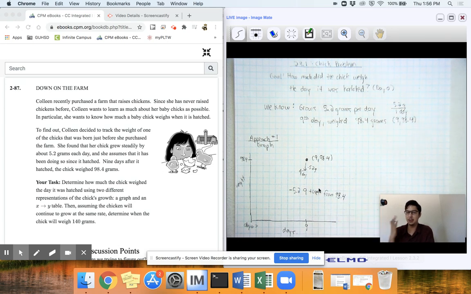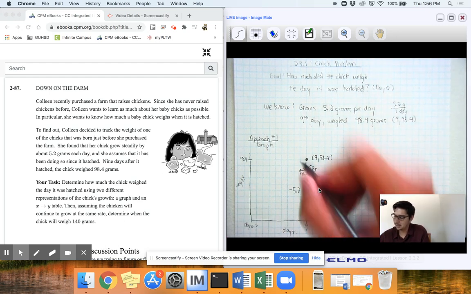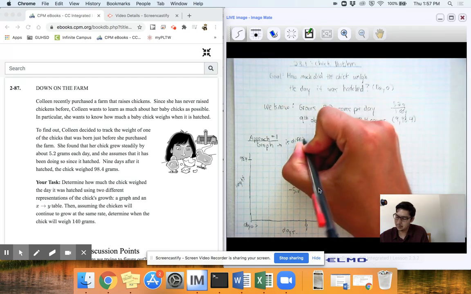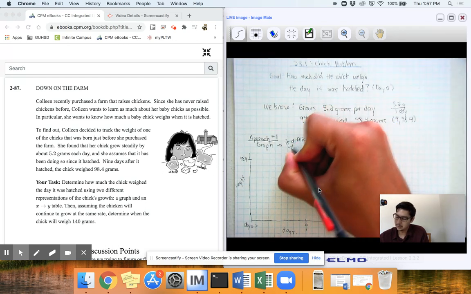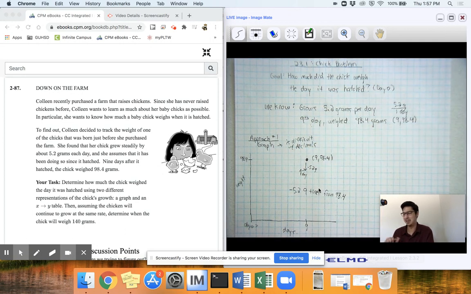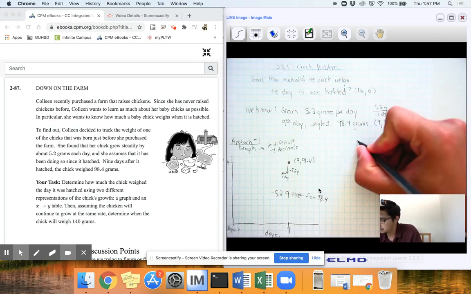And you could do that and you'd get the answer, but the problem with the graph is, see how we have decimals? A graph is difficult if it's decimals. So though you could have gotten it this way, and I think some of you did, it's not necessarily the easiest.